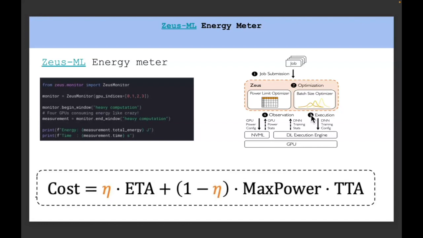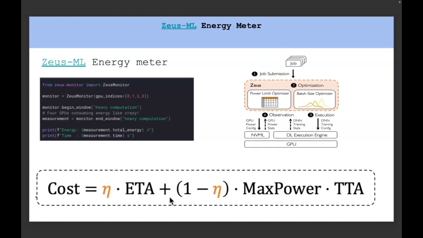So this framework is pretty simple. It allows reading the power of the GPU and also provides a way to optimize the energy cost by using this formula below.